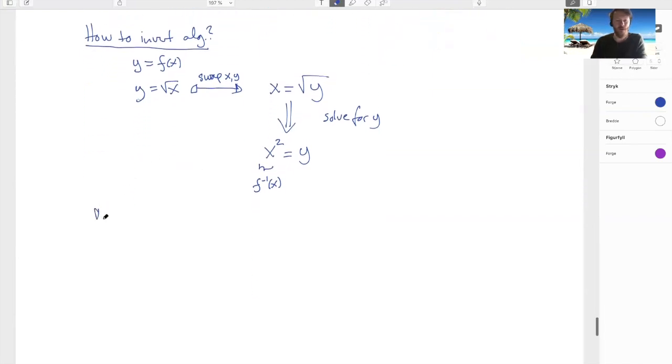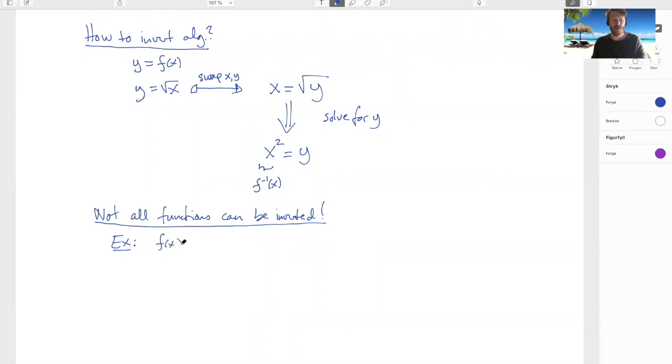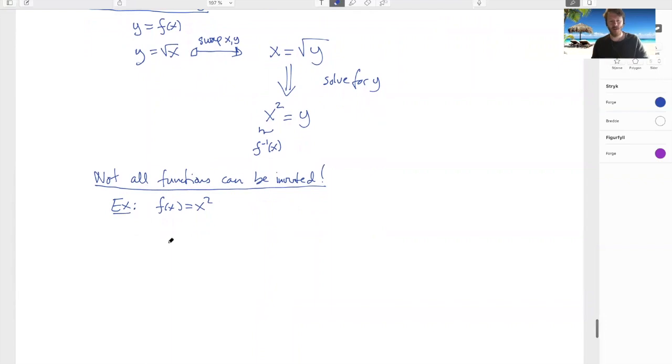So next, we're going to notice the following. Not all functions can be inverted. Let's take an example, which is kind of peculiar, really. We'll get back to that. So the example would be, let's write f of x equals x squared. It's not invertible. Okay, so let's explain this.